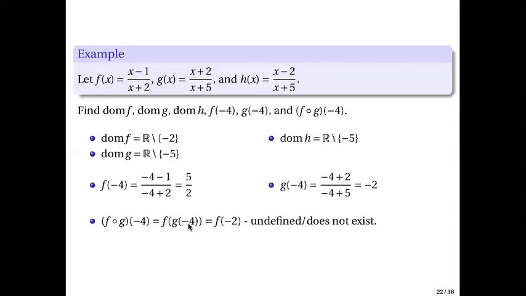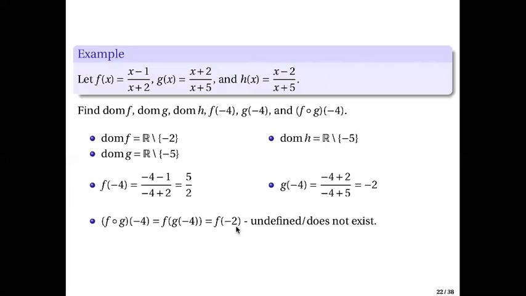You replace the x in g with negative 4, and only in the function g. After getting that, you have negative 2, so now you have f of negative 2. You replace the x of the function f with negative 2. It just so happened that when you do that, the denominator will be 0. That's why we have undefined.